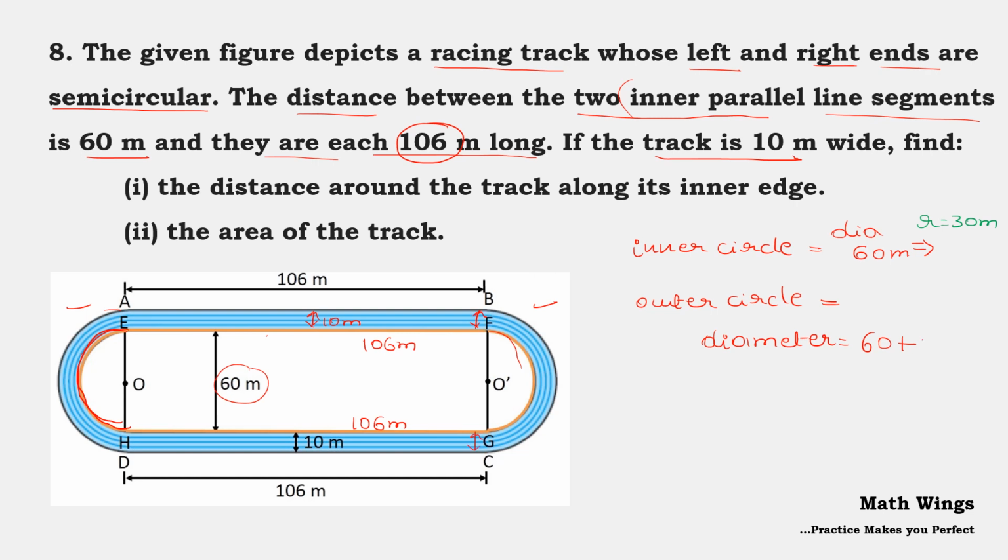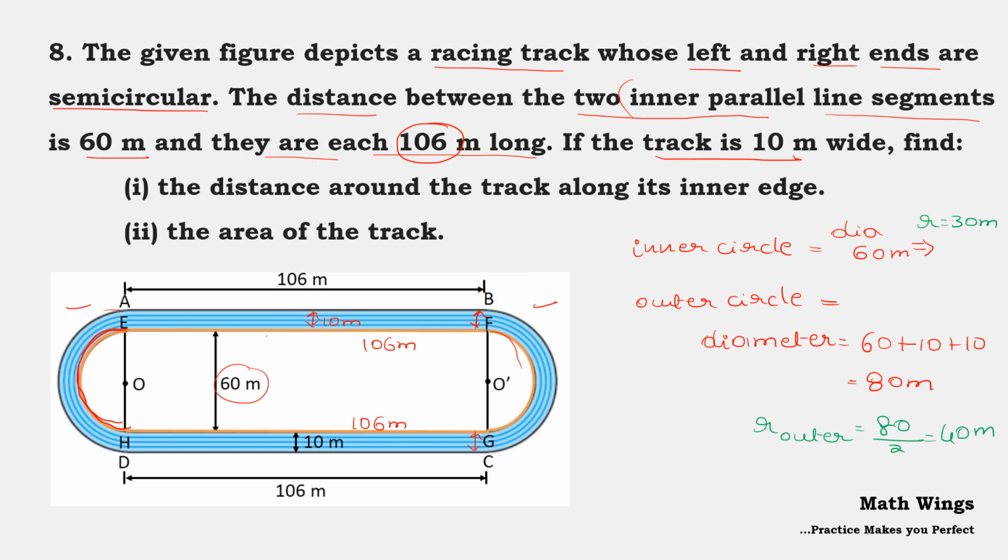So it becomes 60 plus 10 plus 10, that is equal to 80 meters. So 80 meters is the diameter of the outer circle. Therefore, radius of outer circle is equal to 80 by 2, which is equal to 40 meters. Correct?